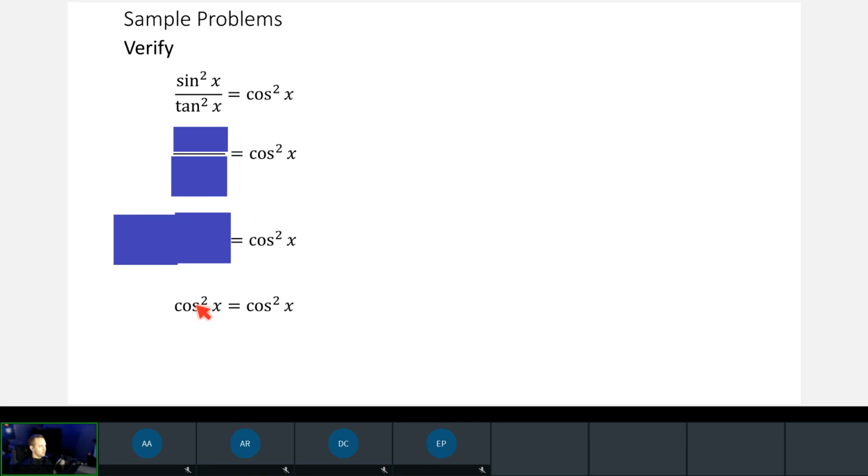So I am going to give you 2 minutes. And a tip I can give you, I said it before, is to get everything in terms of sine and cosine. So start there. Get everything to have sine and cosine only. So I'll give you 2 minutes.